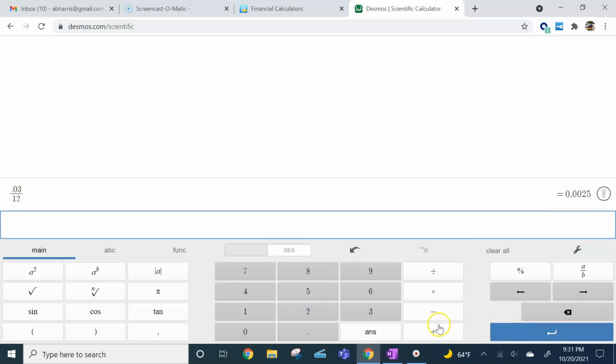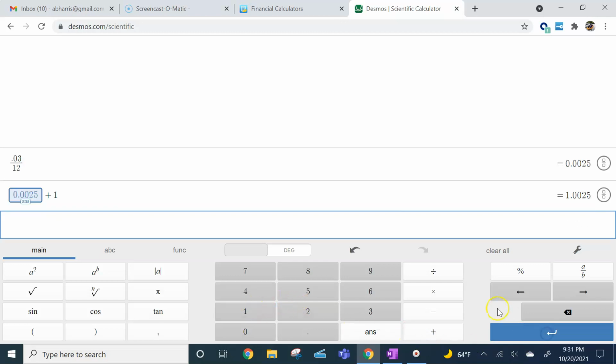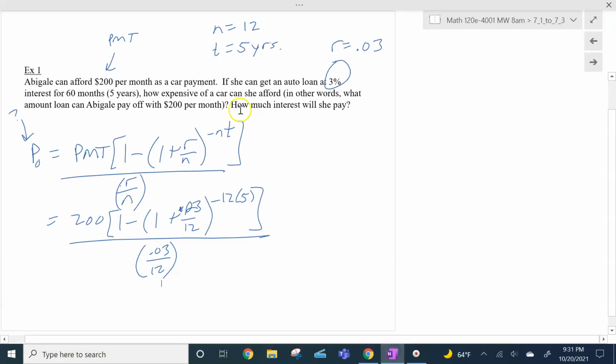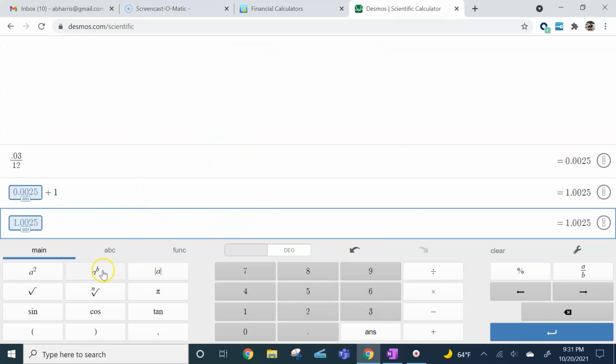We're going to add 1 to that. Answer plus 1. Enter. Then we're going to take it to the negative 60. I'm doing this part right here. I've done the inside here. I'm going to take it to the negative 60, 12 times 5, negative 60. So answer, a to the b power, negative 60. Enter.